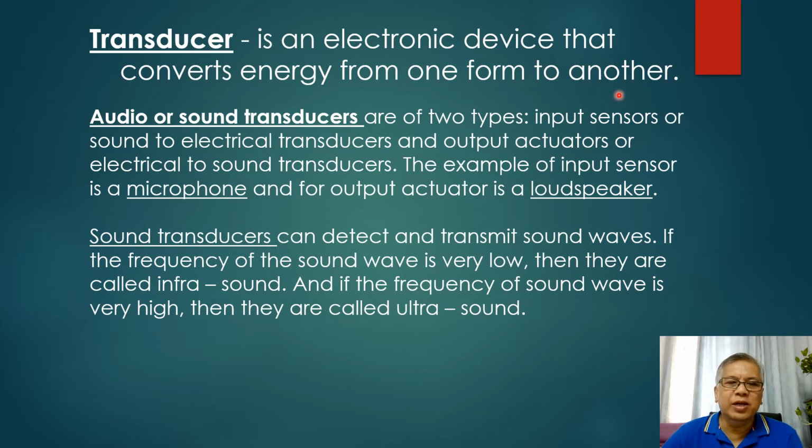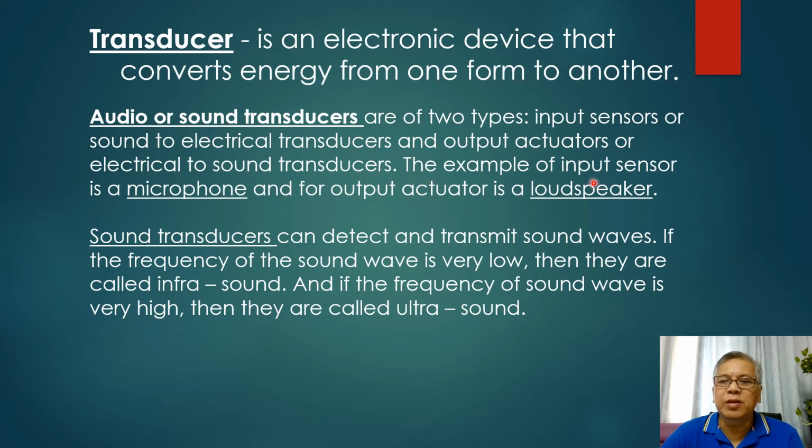Now, in our discussion, we will focus on the audio or sound transducers. In the audio or sound transducers, there are two types. One is the input sensors, or sound to electrical transducers, and output actuators, or electrical to sound transducers.